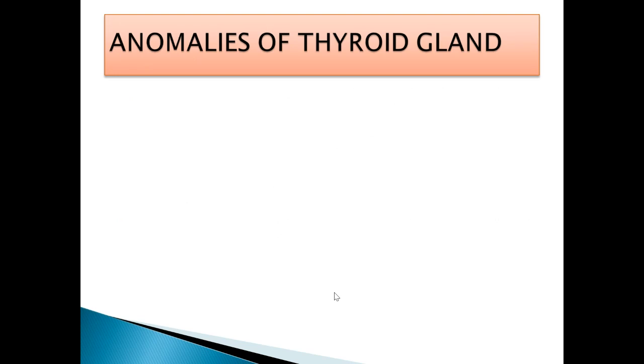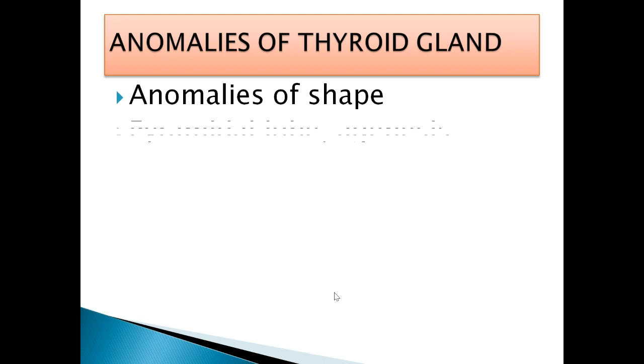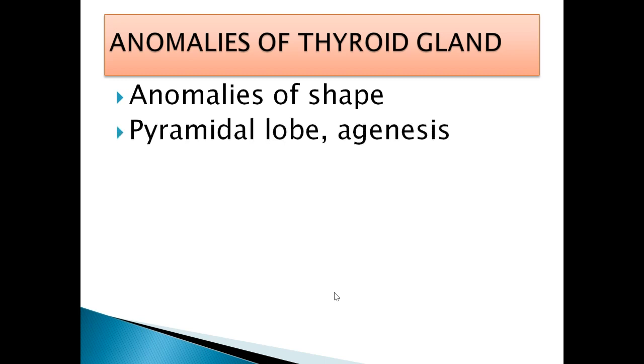Now we will see a few of the congenital abnormalities of the thyroid gland. There may be abnormalities of the shape of the thyroid gland. One of the lobes may be rudimentary. Sometimes there may be a pyramidal lobe in the isthmus.